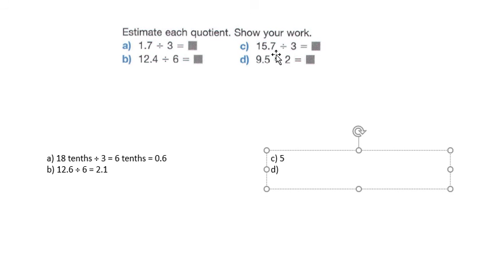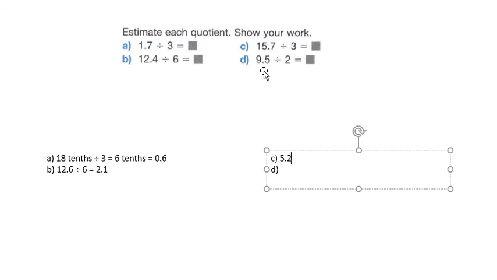In other words, this is 7 tenths. Is there a number of tenths that I could divide by 3 very, very easily? The answer is yes. I could estimate by rounding the 0.7 to 0.6 to make it 6 tenths. If I put those 6 tenths into 3 groups, I get 2 tenths per group. So I could estimate that as 5.2. So that's pretty close. It's not exact, but it is pretty close.